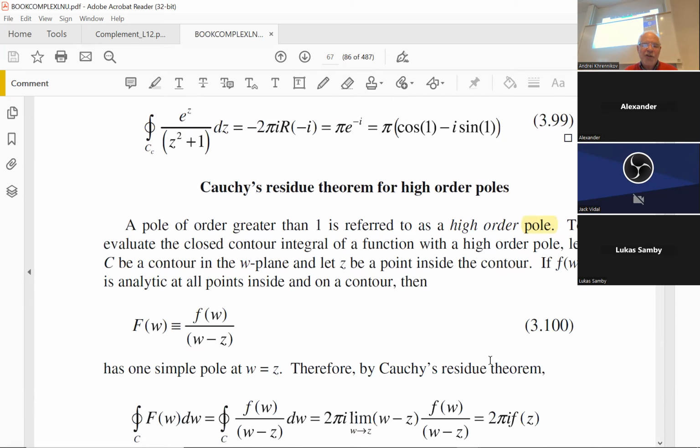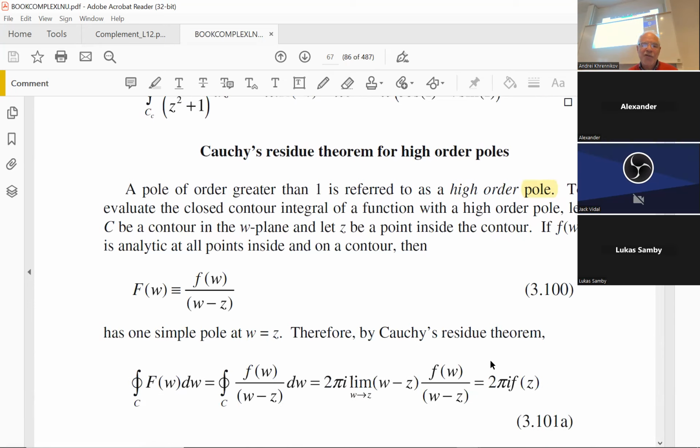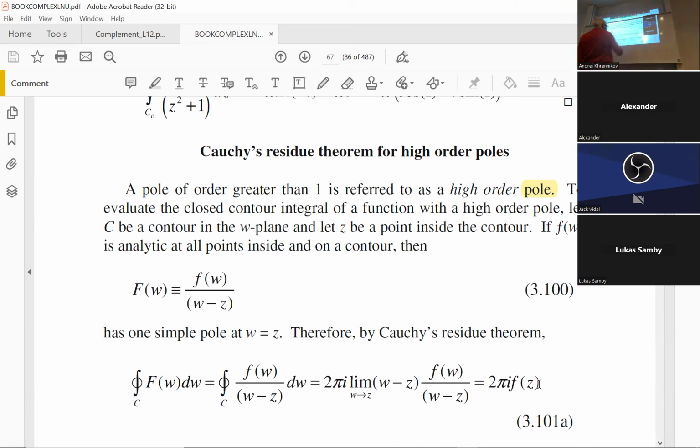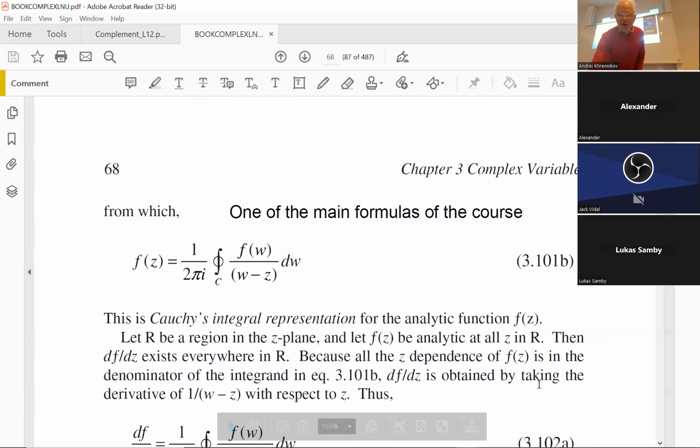We know that if we have a function with a pole, then this integral is equal to the residue. But if our function is of this form, the residue is precisely the value of the function at this point. So this is the proof of our formula.